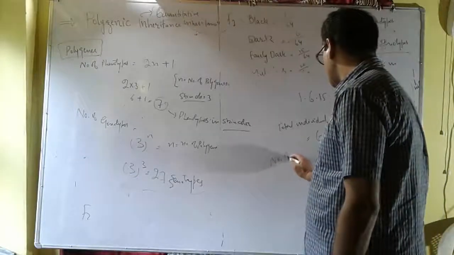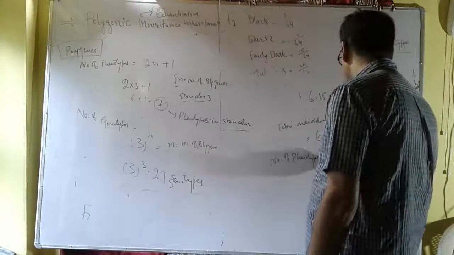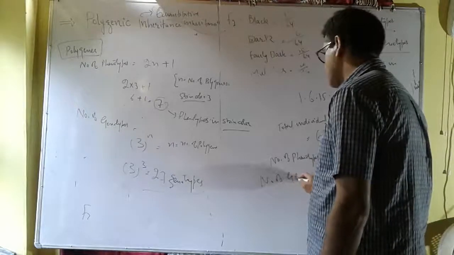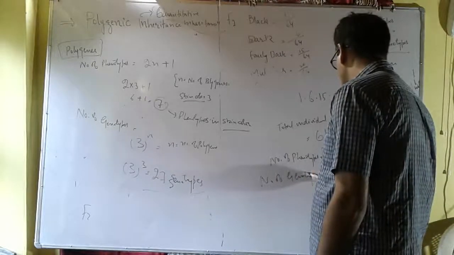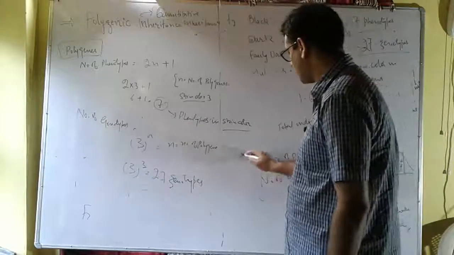Number of phenotypes 7. Number of genotypes 27 in case of skin color in humans.